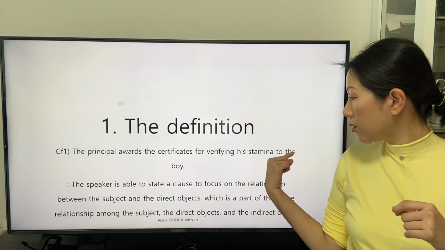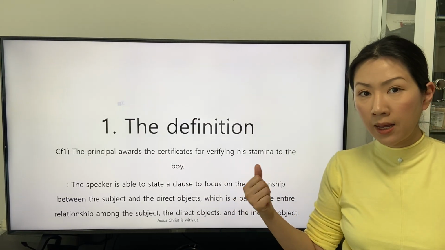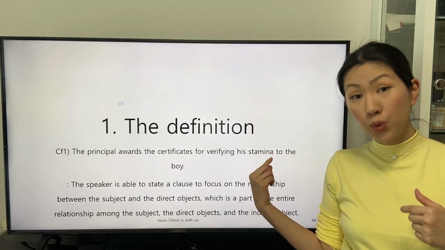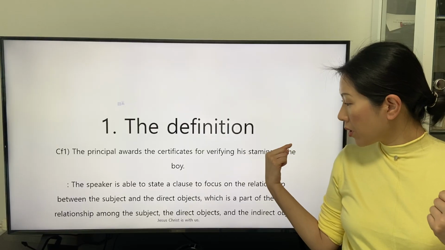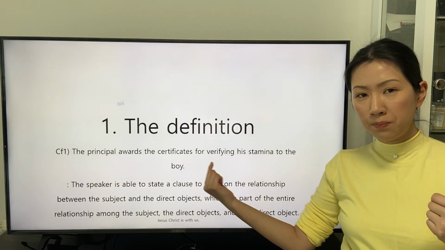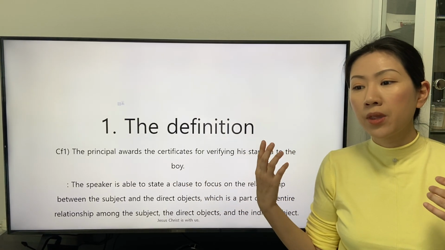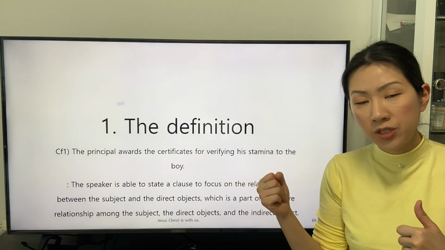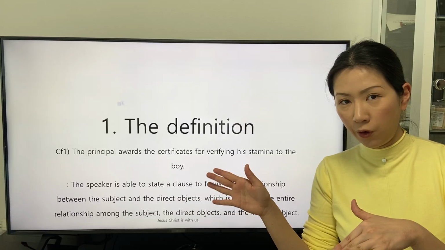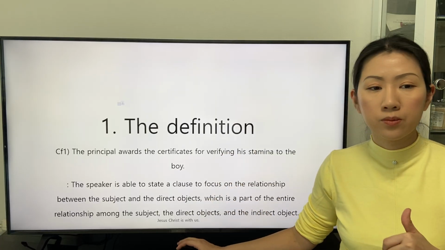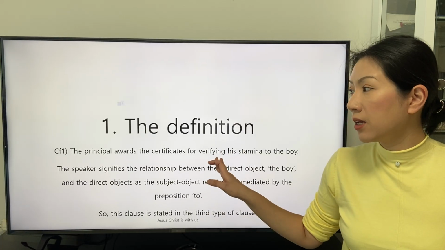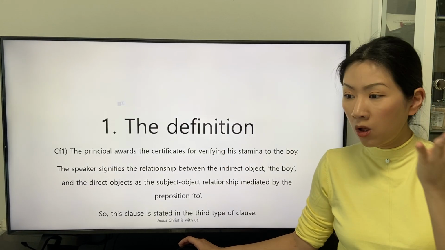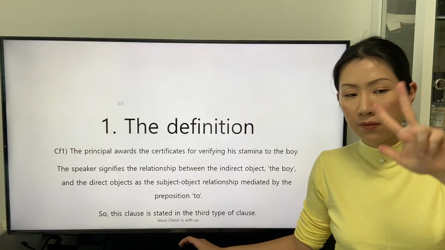The boy became the object of the preposition to. This means that the phrase of the preposition that has the trait as an adverb is not considered as a constituent of the clause. So this clause is classified as the third type of clause.